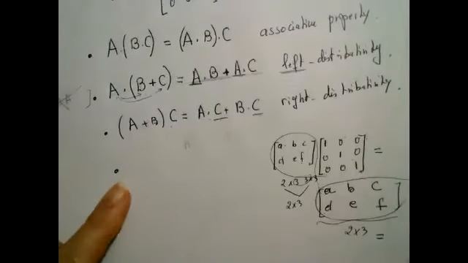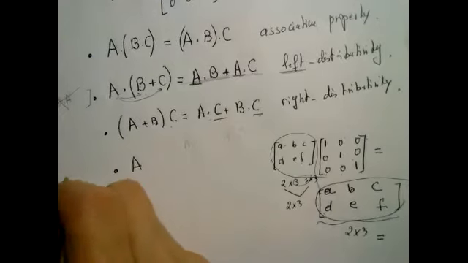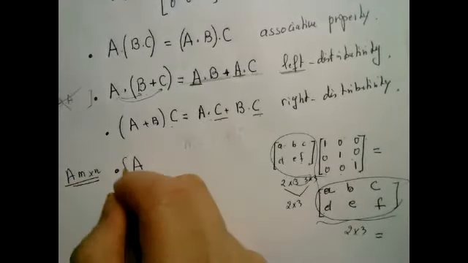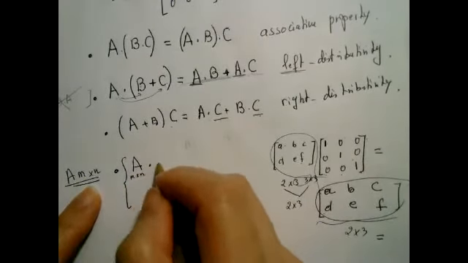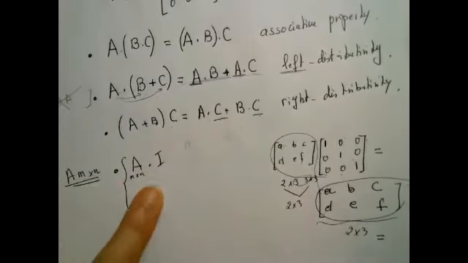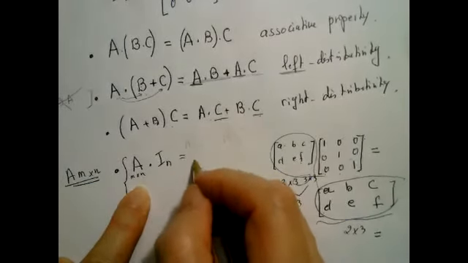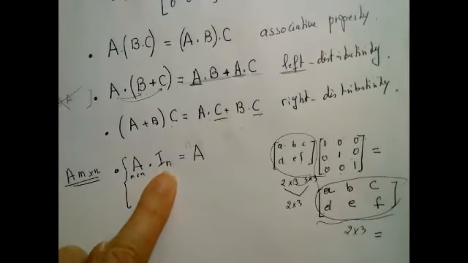But now I have to write this very carefully here. Suppose A is an M by N matrix. If I multiply it by I_N, I get A back. So I have to really be careful with this identity.